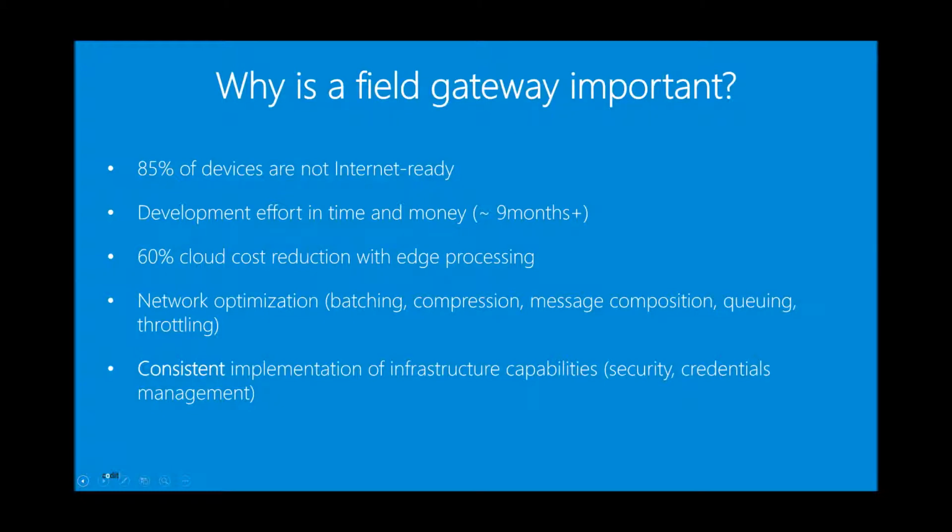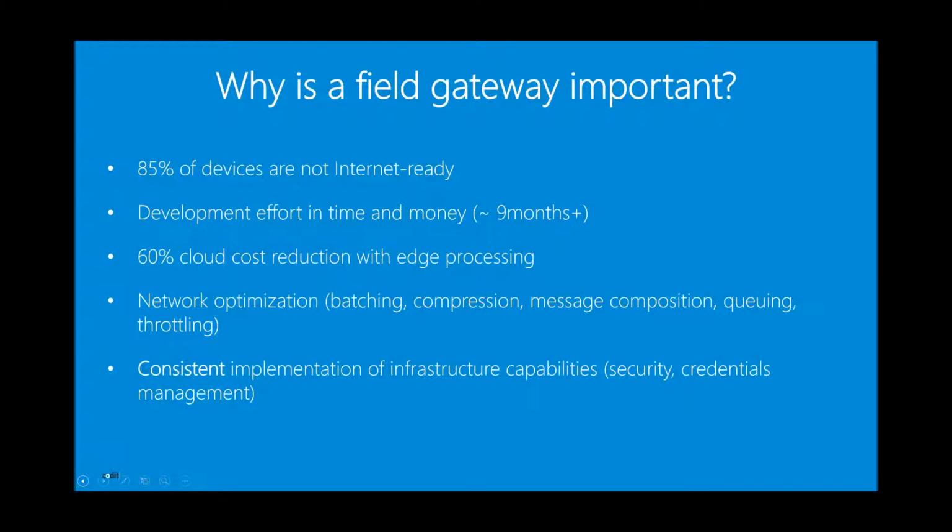We have customers that send data to the cloud every second, and they send very big data models. We've seen people send data every 100 milliseconds. There's a lot of data that is being sent because the device doesn't understand yet how to filter data before it is being sent to the cloud.